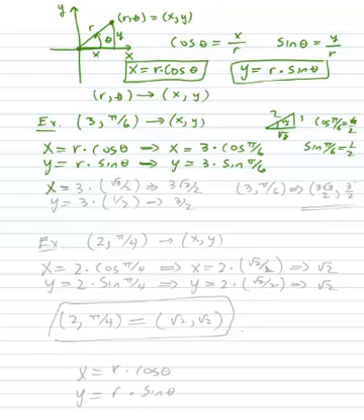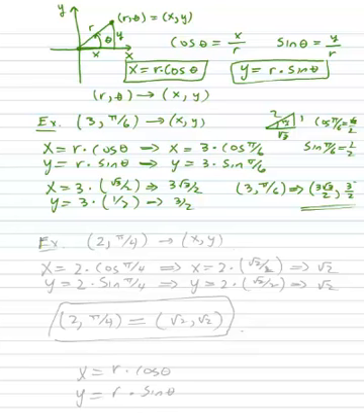So x is 3 times the square root of 3 over 2, which is 3 square root of 3 over 2, and y is 3 times 1/2, which is 3/2. Therefore, the point 3 comma pi over 6 in polar coordinates is equivalent to the point 3 square root of 3 over 2 comma 3 over 2 in rectangular coordinates.